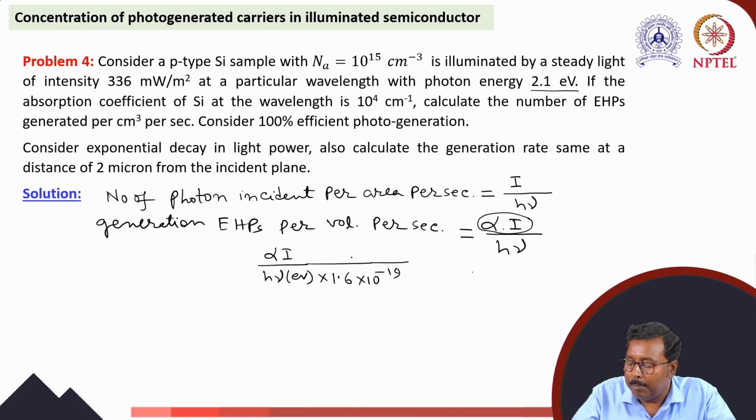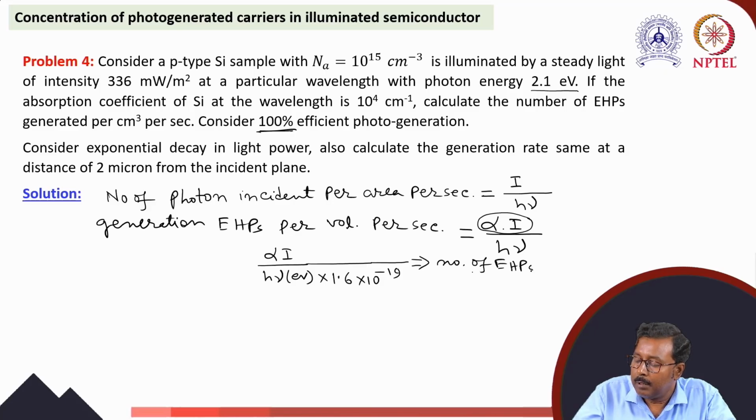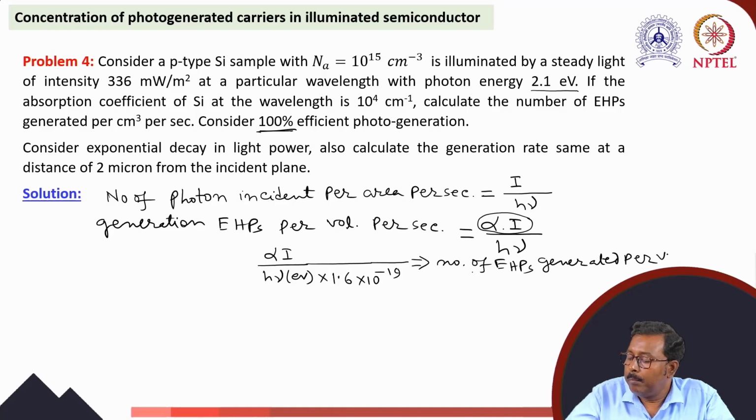And this number of photons will generate a similar number of electron hole pairs because there is 100% efficiency. So this will be nothing but the number of EHPs generated per volume per second.